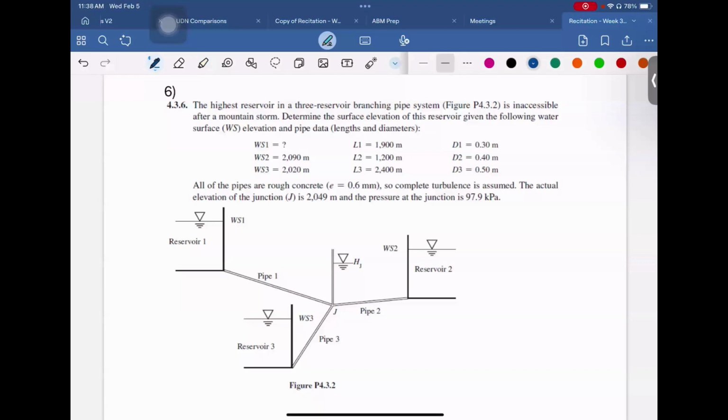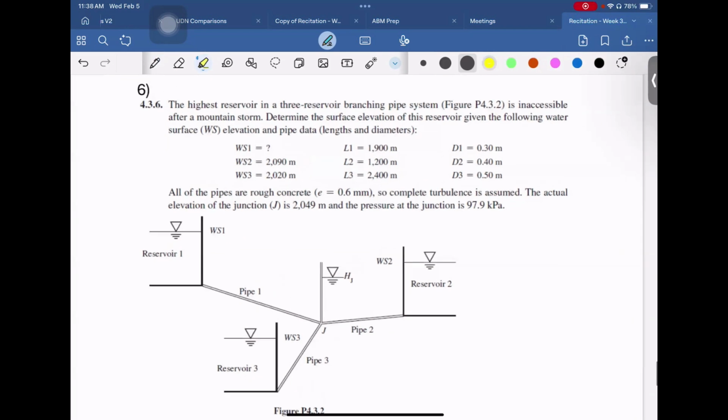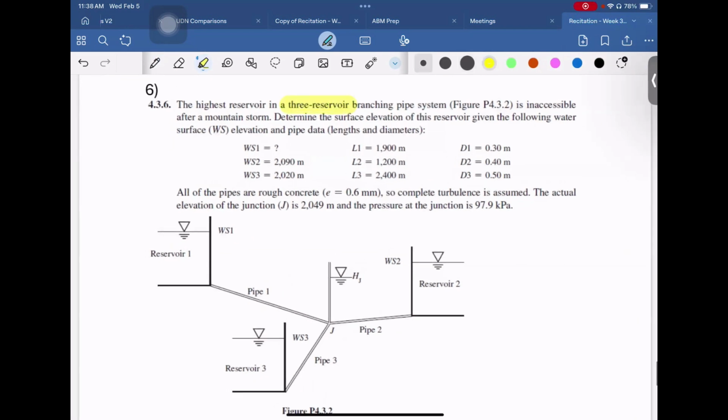Okay, now we are at question 6, PowerPoint 3.6. Here again, we have a three-reservoir system, and we need to determine the surface elevation of the reservoir, given the following: water surface elevation and pipe data.